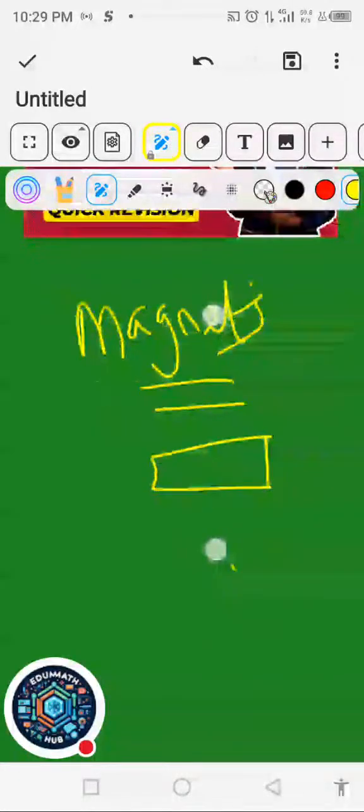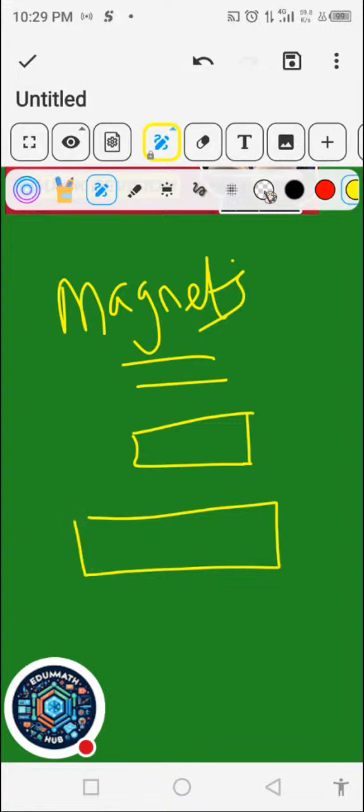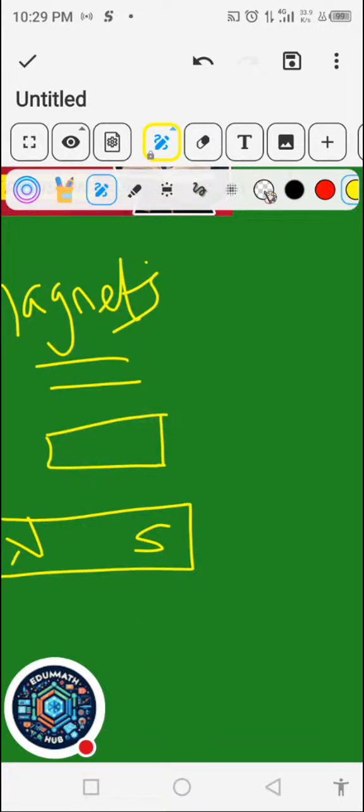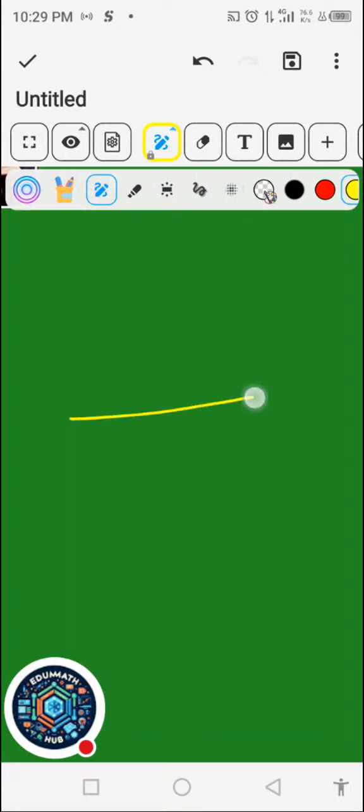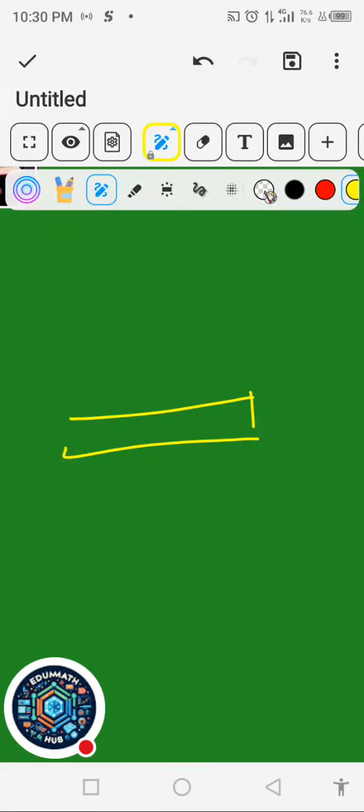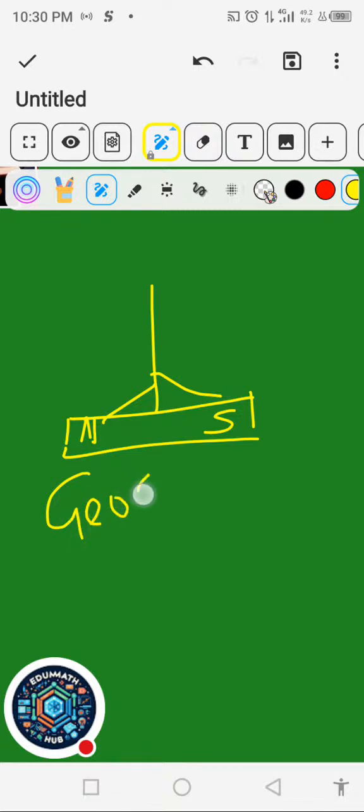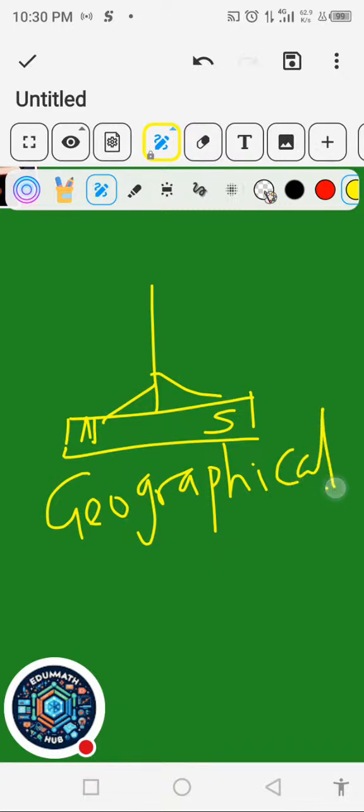Another thing you need to know is that a magnet has two poles, the north pole and the south pole. Always two poles. If a magnet is suspended, like if you tie a magnet having these poles, north and south, with a thread, the magnet will always come to rest in its own geographical north-south direction, that it will point to.